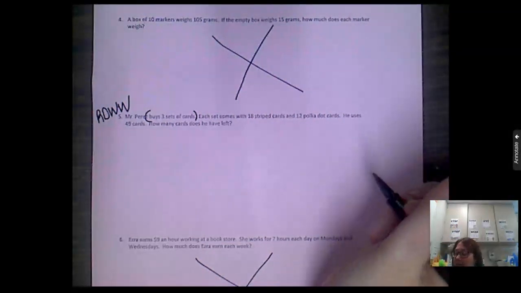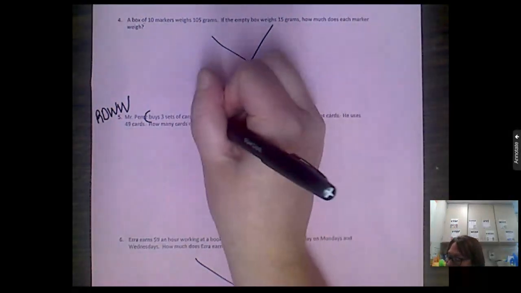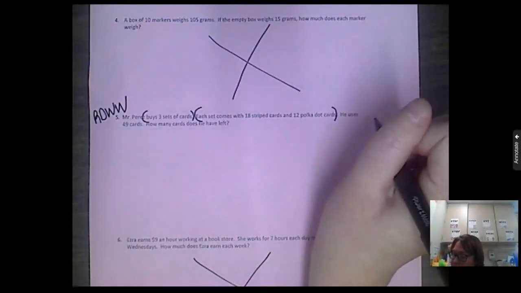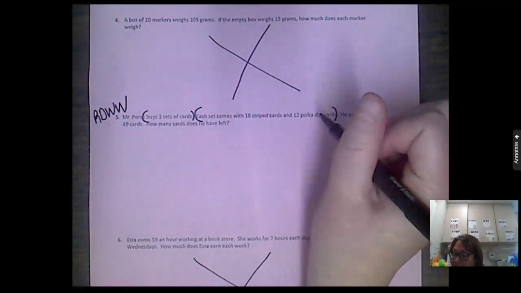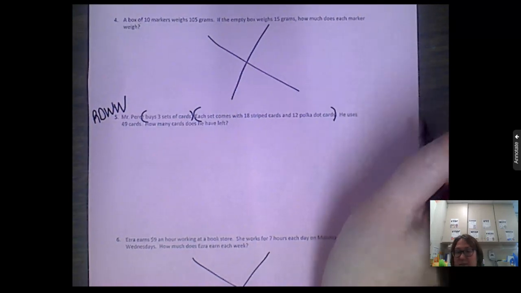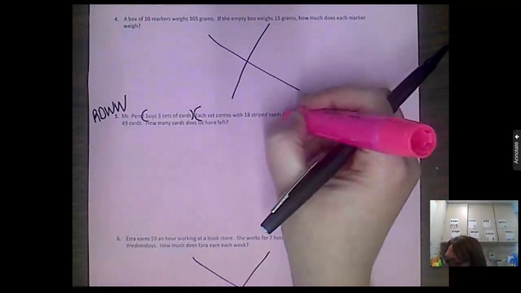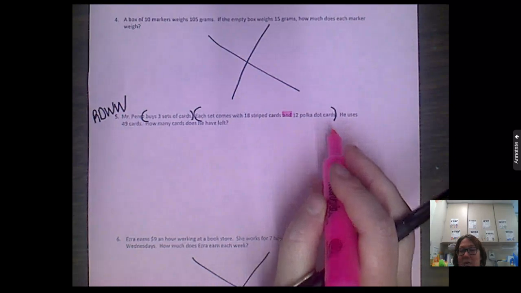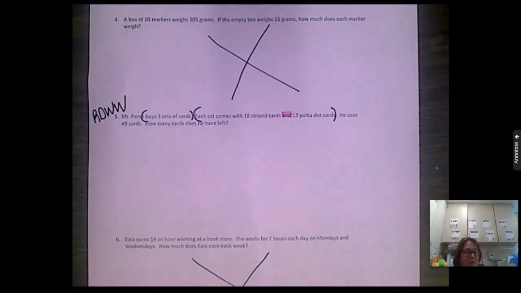Each set comes with 18 striped cards and 12 polka dot cards. So each set comes with 18 striped cards and 12 polka dot cards. Do you see anything in there that you want to bring attention to? Like we talked about the other problem? There's 18 striped and 12 polka dot cards, and we would want to find the total amount of cards in each set.